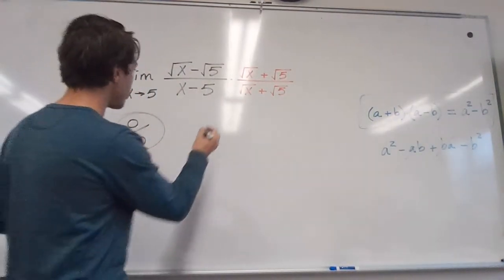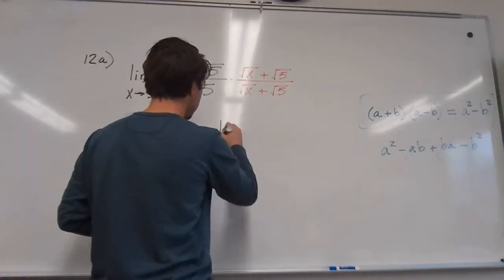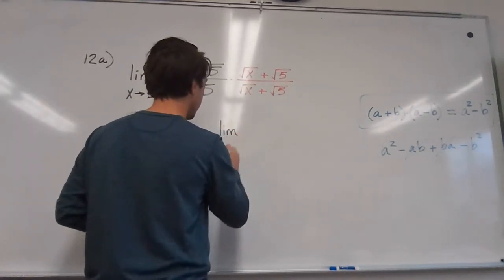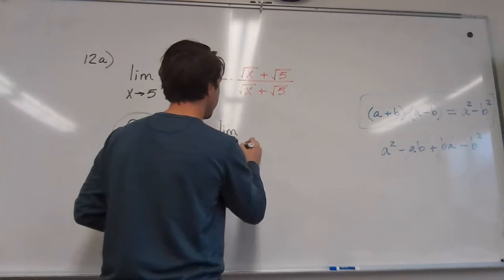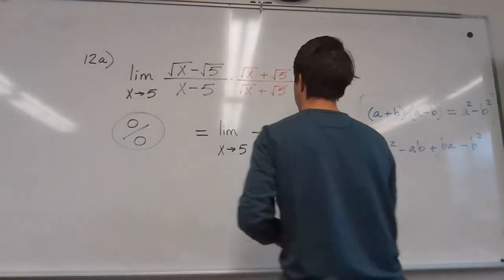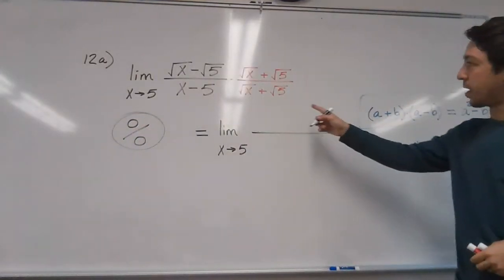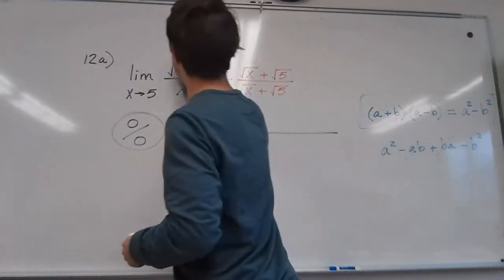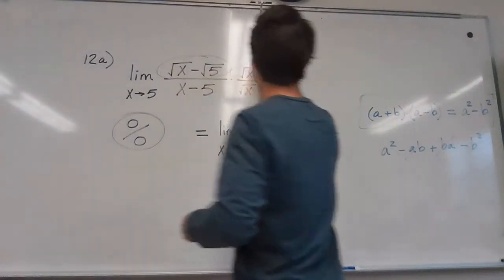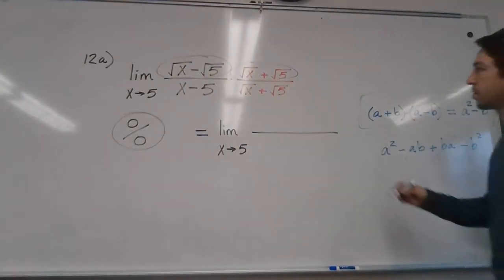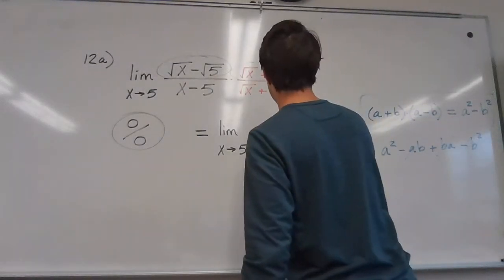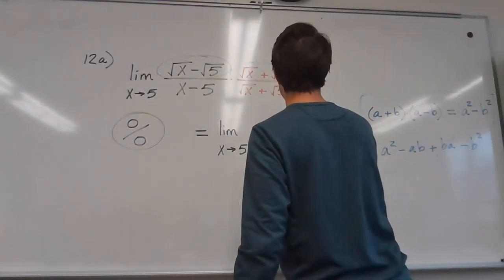Okay, so let's go. This equals the limit as x approaches 5. What do you think we're going to get when we multiply this by this? Top times top. Very good. X minus 5.